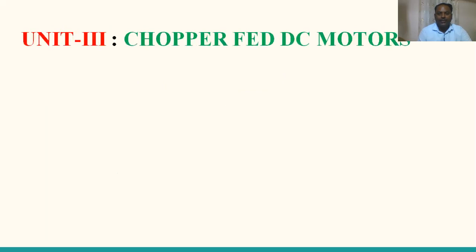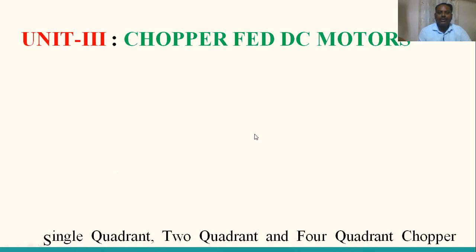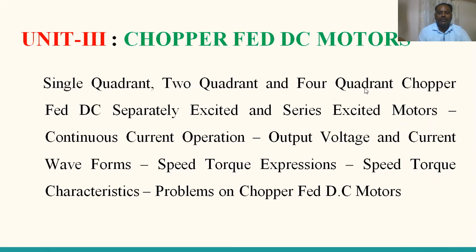And unit number 3 is the chopper fed DC motors. A chopper is a converter which converts fixed DC into variable DC.